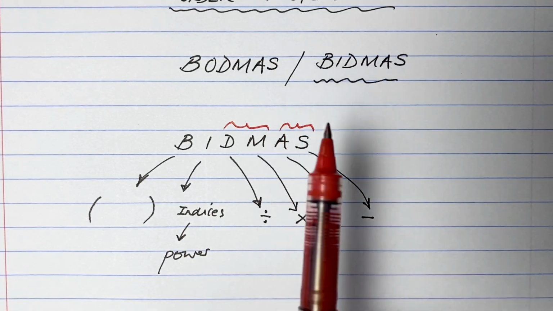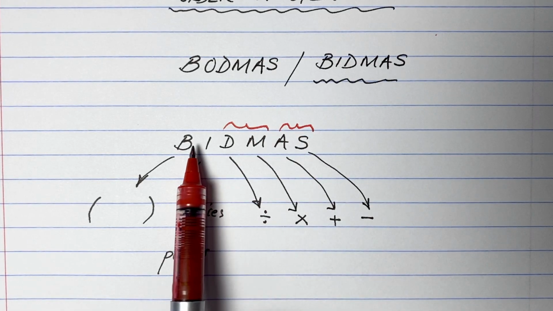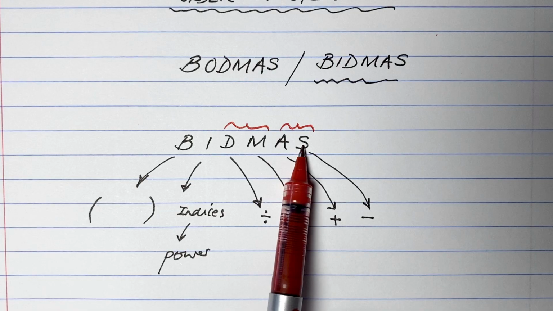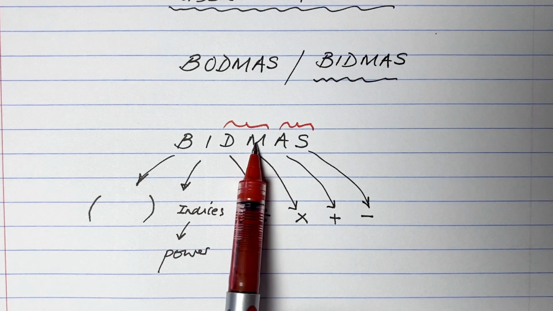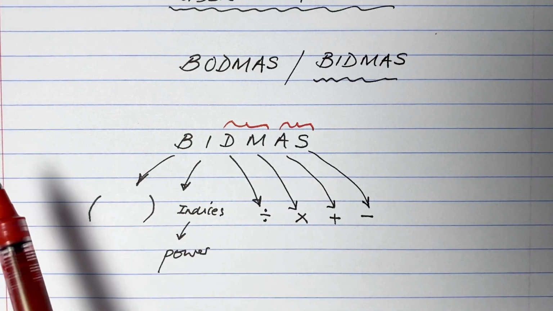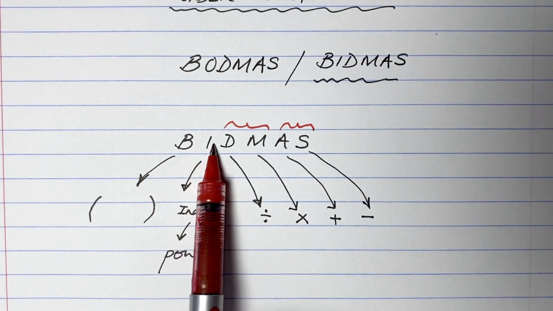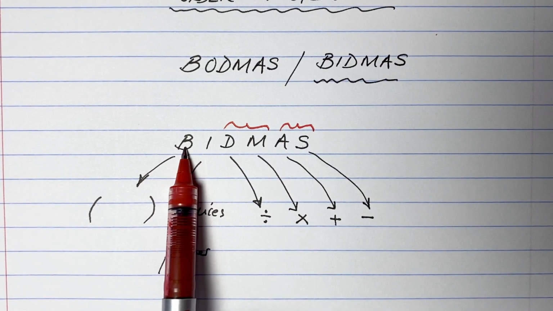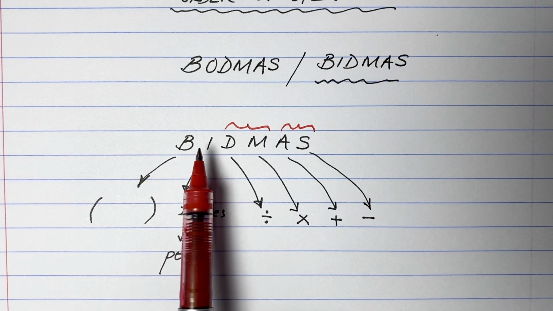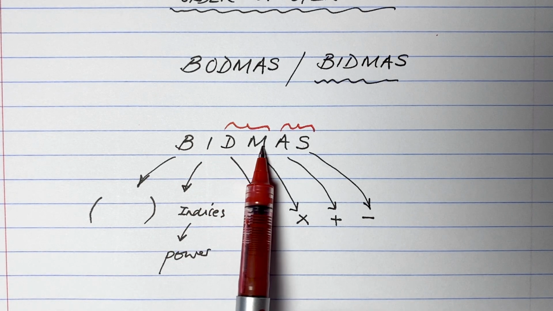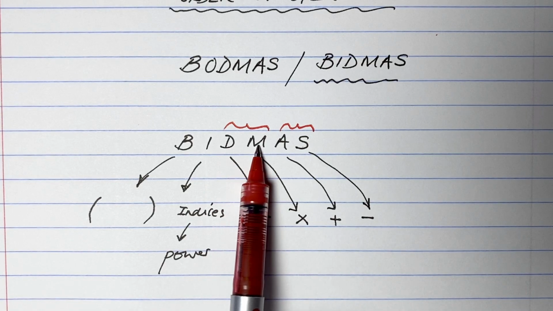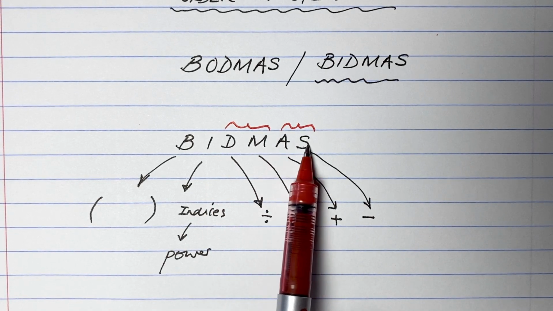But if you're doing subtraction and there's a multiplication before it, you have to do multiplication before you do subtraction. So this is called the order of operation. First you do brackets, if there are any brackets, then the powers, then either division or multiplication, and then you do addition or subtraction.